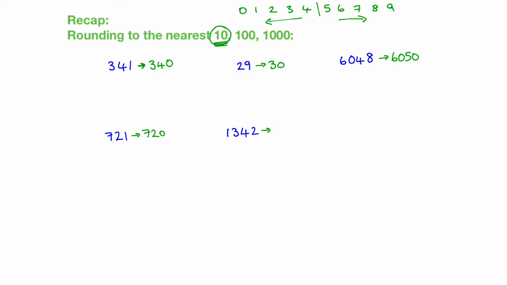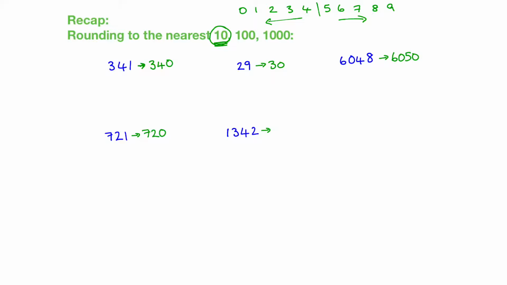And remember, when you look at your answer, it should make sense. It should be close to the number that you started with. Okay? If, for example, we'd missed the 0 off there by accident, then that 72 wouldn't be anything like an approximation for 721. Okay, so we do definitely need that 0 in.